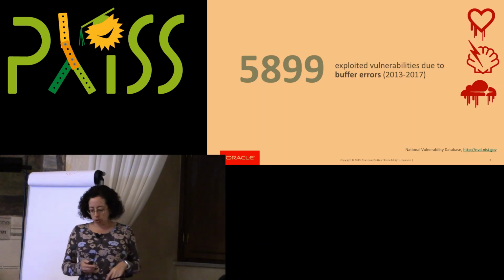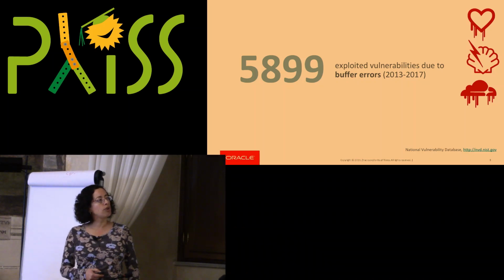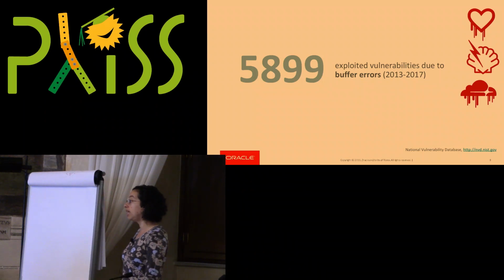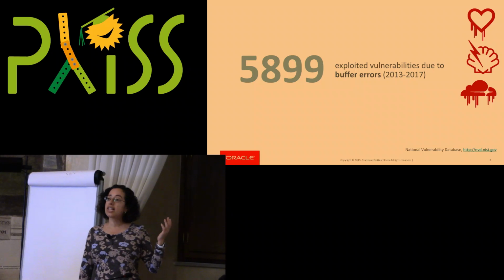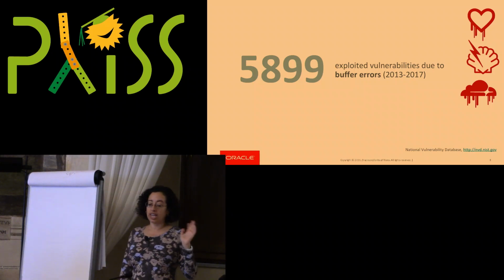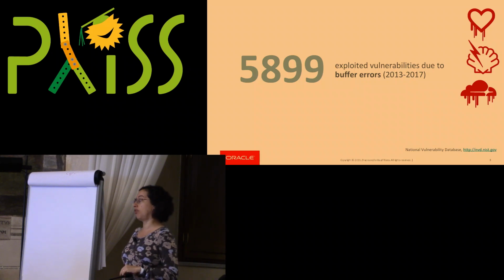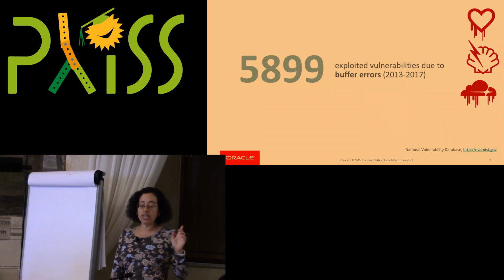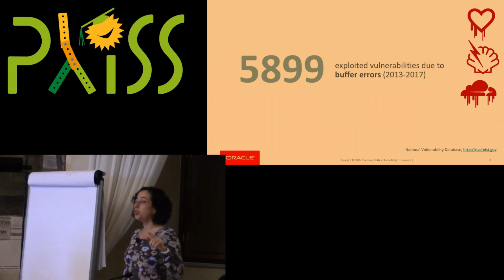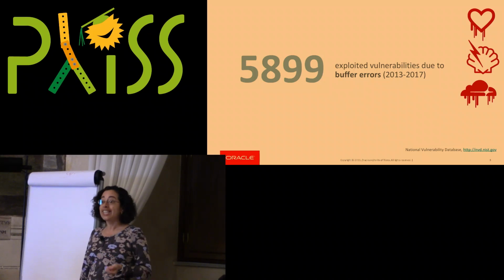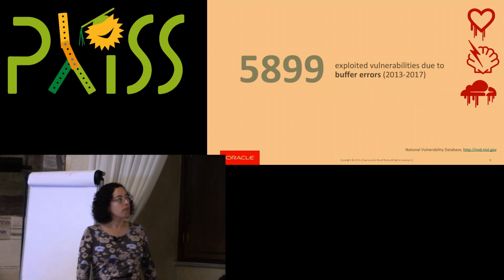And when you look at the compounded data for the 5 most recent years from 2013 to 2017, what you find is that there are 5,899 exploited buffer overflow vulnerabilities over those 5 years. That equates to 3.2 new buffer overflows per day being exploited, which is a significant number, right?